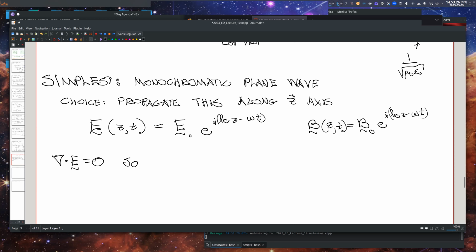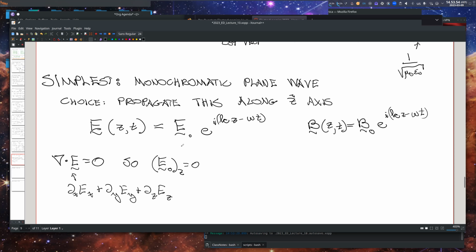So if I want this to be 0, I need the E0 vector's z component to be equal to 0. Everybody see this? So this is d/dx of Ex plus d/dy of Ey plus d/dz of Ez.